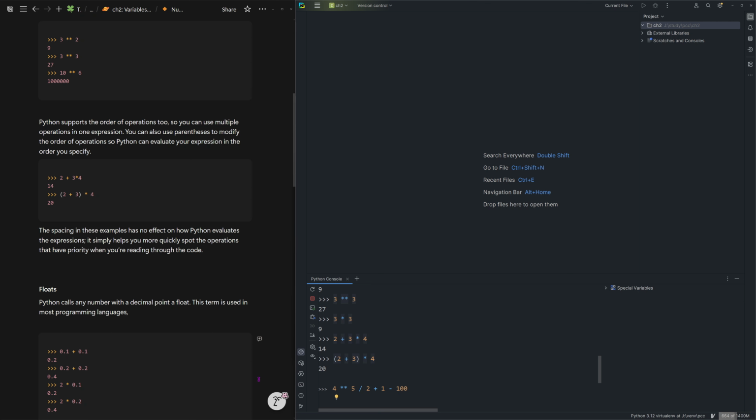You can keep going, honestly. Multiply it by 10, divided by 3. The question is, what will be done first? Of course you can control the order using parentheses, but what is the rule Python uses?